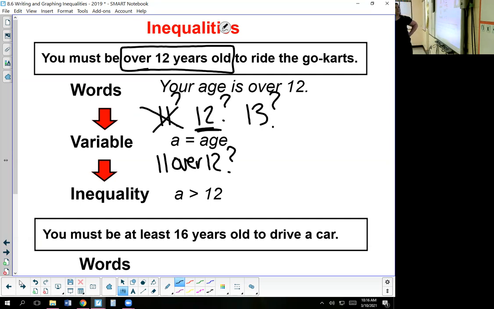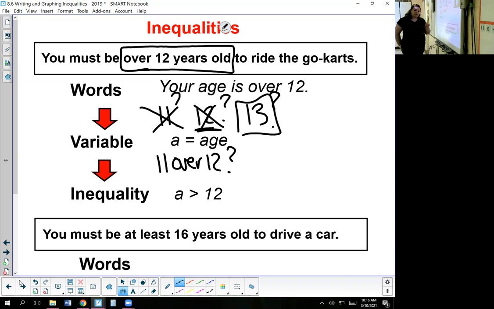You have to be over 12 years old. Is 12 over 12? No, they're equal. So are you allowed to be 12 and ride it? No, because you're not over 12. So you have to be 13, but not equal to 12.